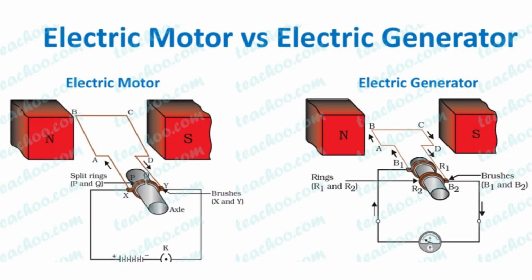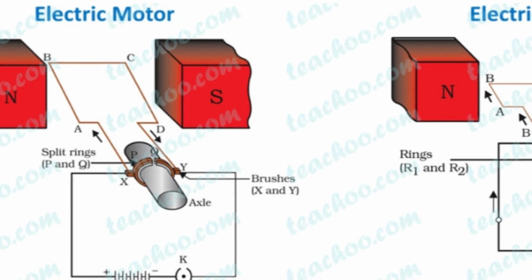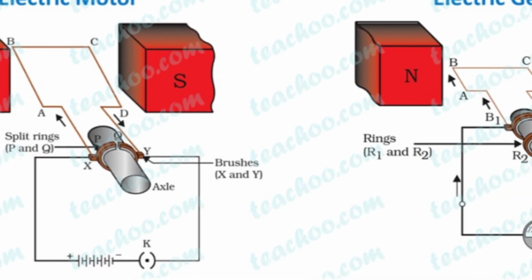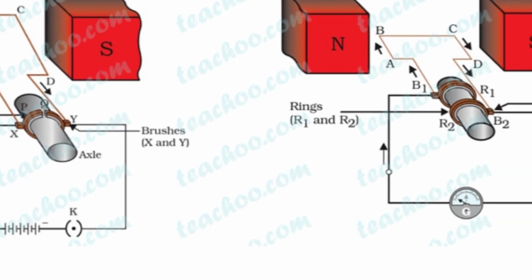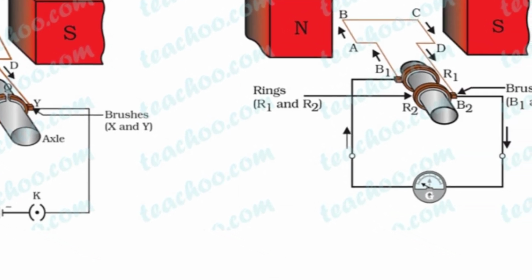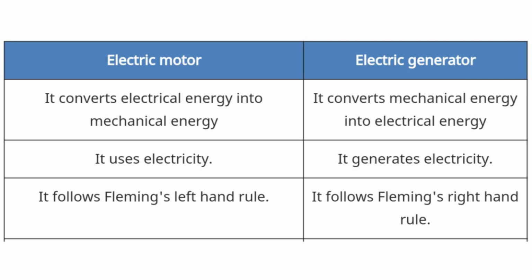Let's see the second one, electric motor versus electric generator. We already discussed the electric motor and electric generator, so here we observe the main differences. An electric motor converts electrical energy into mechanical energy, and an electric generator converts mechanical energy into electrical energy.